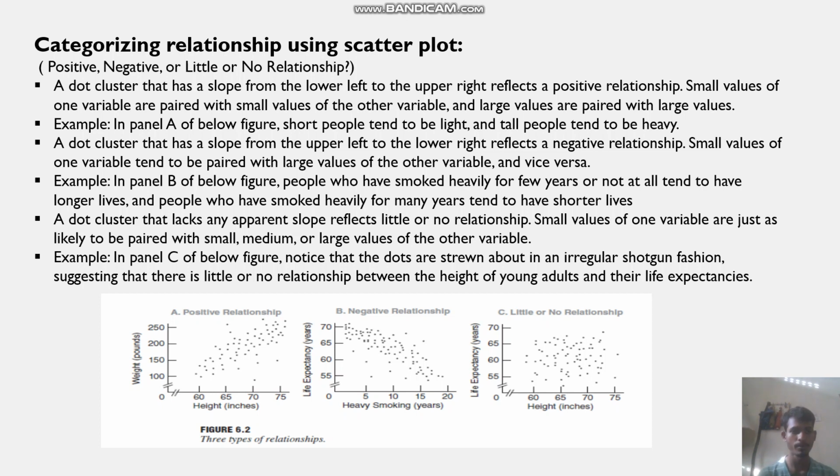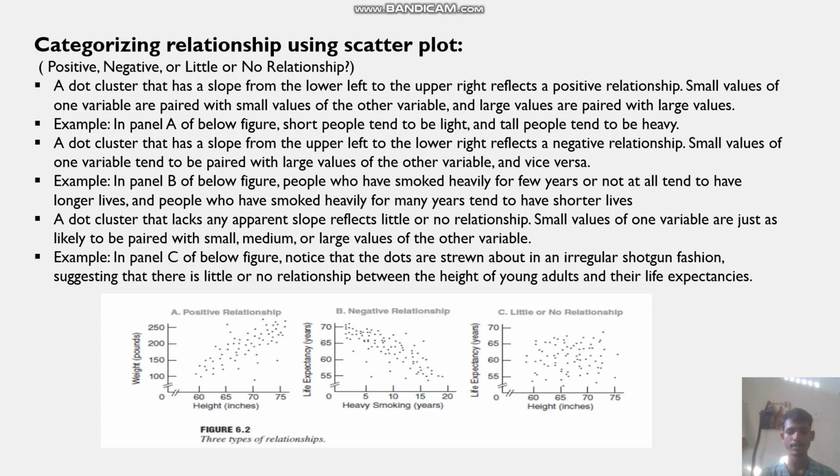Example, in panel C of the below figure, notice that the dots are scattered about in an irregular shotgun fashion, suggesting that there is little or no relationship between the height of young adults and their life expectancy. These are the different diagrams that we have discussed.